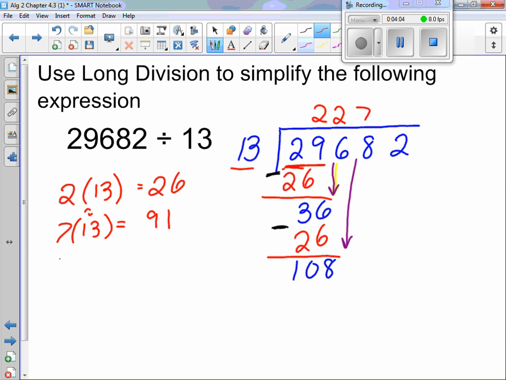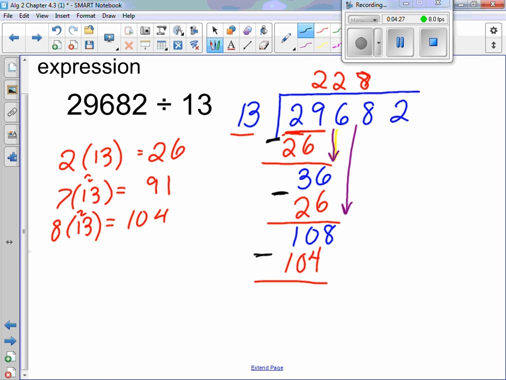Let's see what 8 is. 8 times 13. 8 times 3 is 24, carry the 2. 8 times 1 is 8, plus 2 is 10. So we can do it one more. It would be 8 and not 7. Then we would subtract, and we would be left with 4.